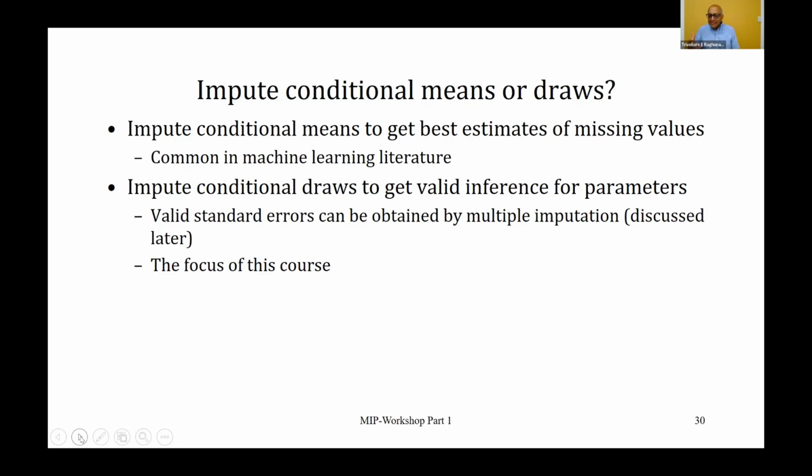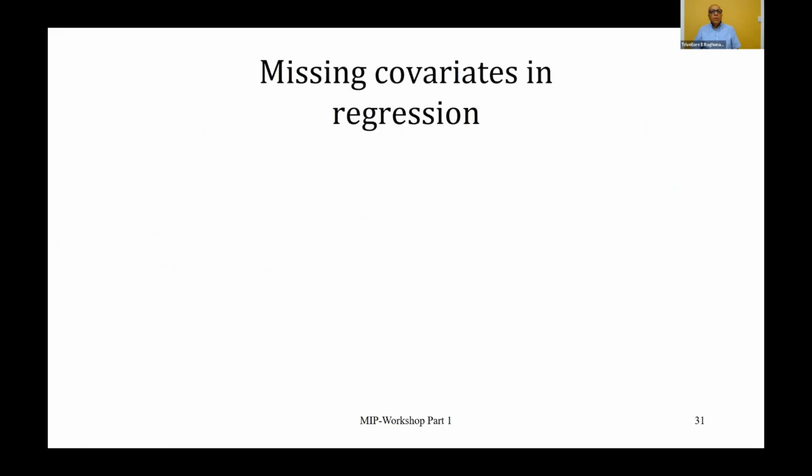Valid standard errors can be obtained by multiple imputation. That's the focus of this workshop. In the machine learning literature, it's hard to do because everything is geared towards an algorithm, and how to incorporate the uncertainty in that algorithm is still an open question. Any questions so far?